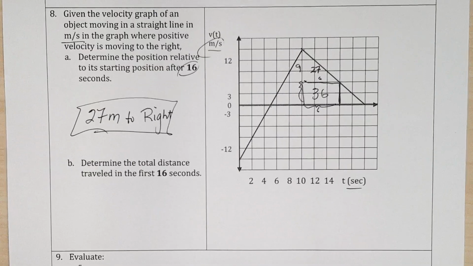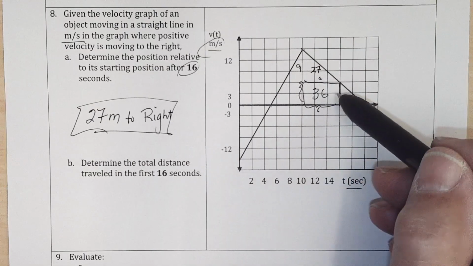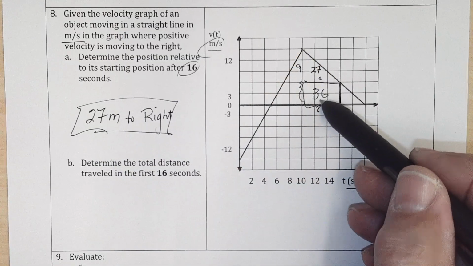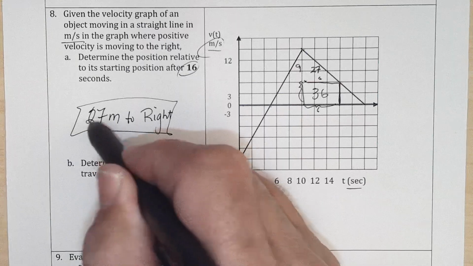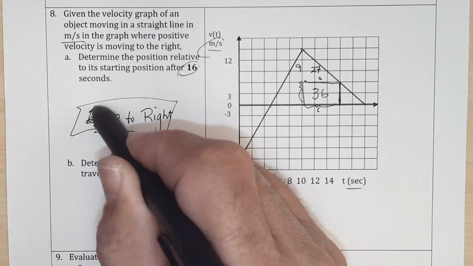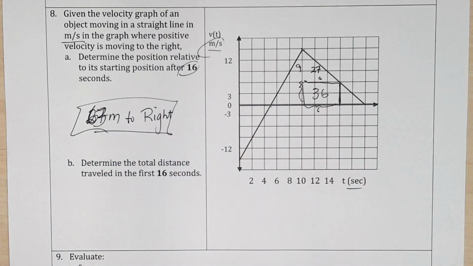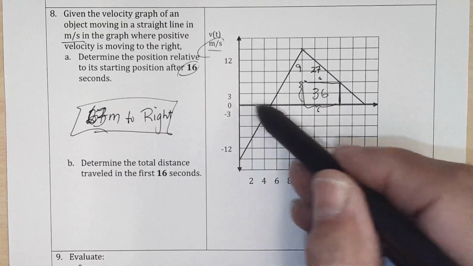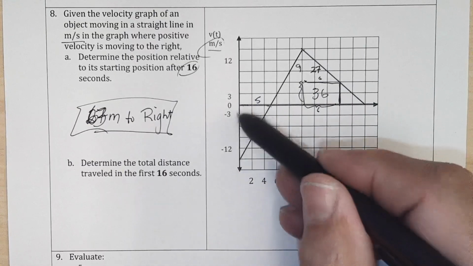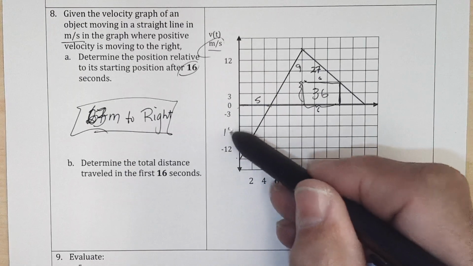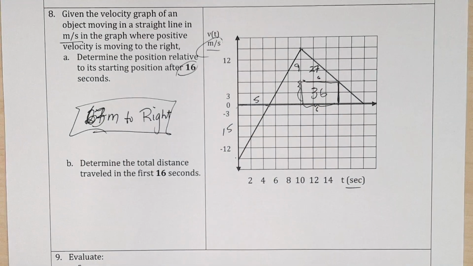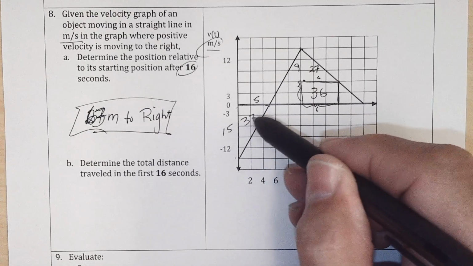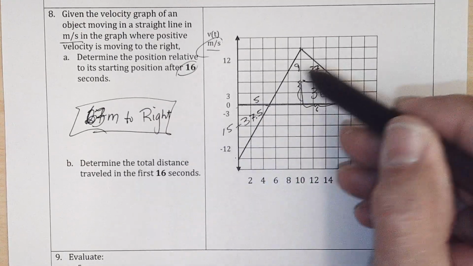Now the total distance, that's going to be this area, which was the 27 plus 36 is 50, 63. Oh man, don't make mistakes like that. 63 to the right. So it's going to be 63 plus whatever this is, plus whatever this is. Well, this is 5. This is 15. So 5 times 15 is 75, in half 37.5. This one's negative.